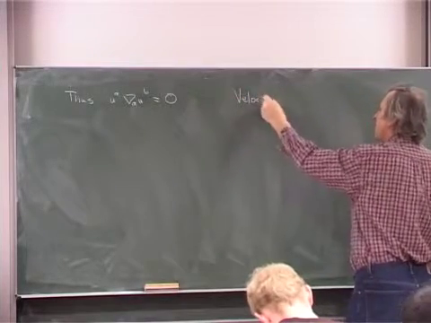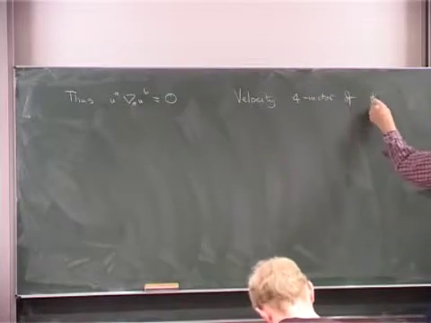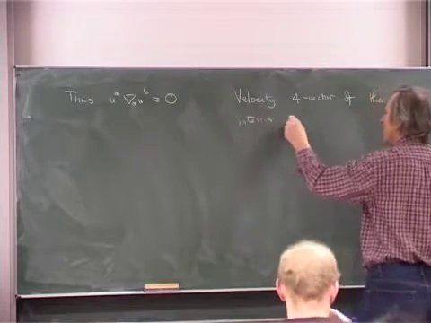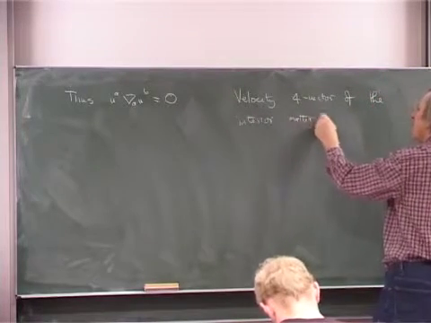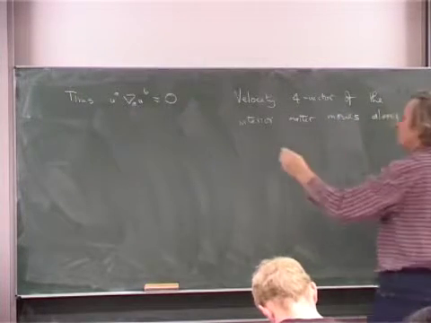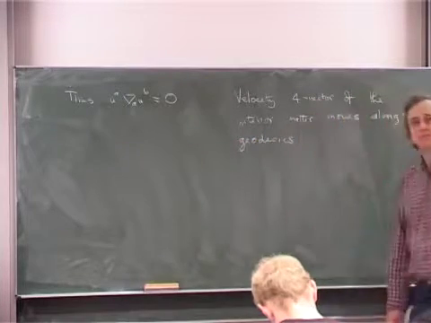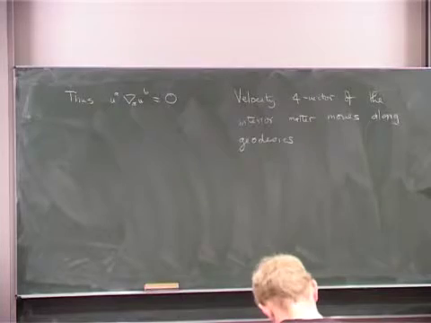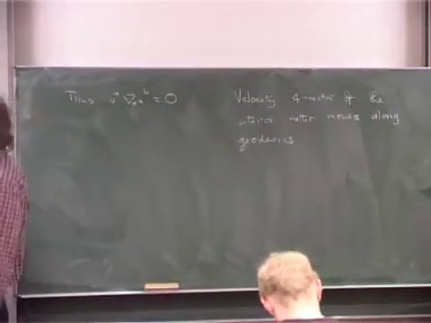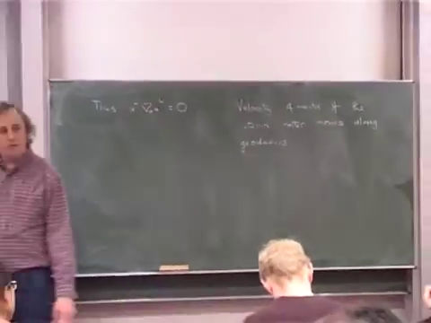So the velocity 4-vector of the interior matter moves along geodesics. That makes life very easy for you. Because let's look at this situation. What is going to happen?